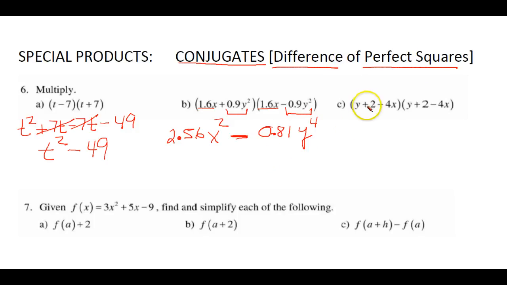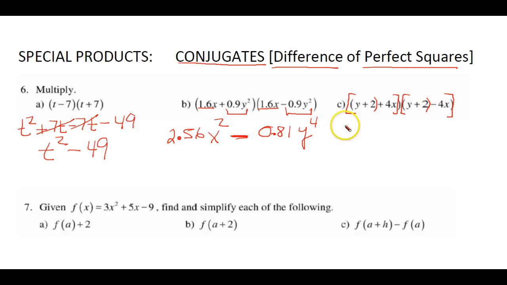Now, this one's a little interesting, and it's a challenge. After all, this is college algebra. So what do we see here? Well, if we made a bracket here and a bracket there, and we put the parenthesis there and the parenthesis there, can you see you have conjugates here?